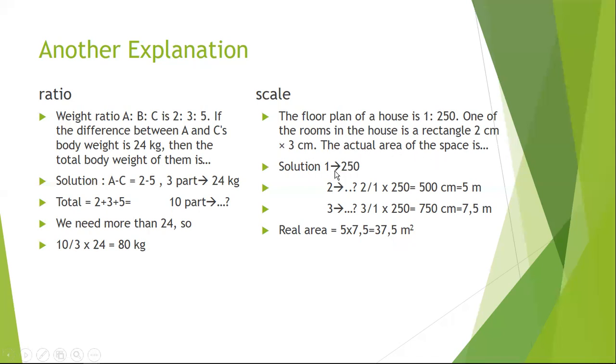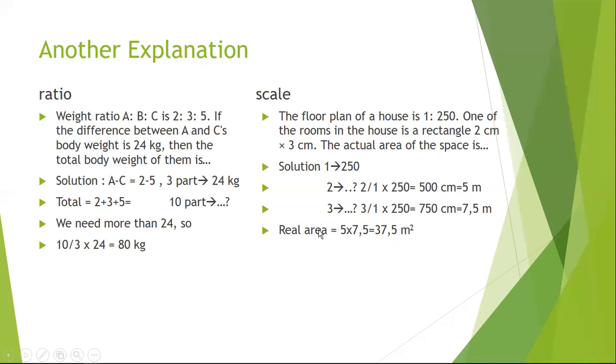I can write it here as a comparison like 1 equals 250 in the real one. So how about if we have 2 centimeters? We need to compare it, right? 2 per 1 times 250 equals 500 or 5 meters. Also, we can compare with 3. 3 per 1 times 250 equals 750 centimeters or 7.5 meters.